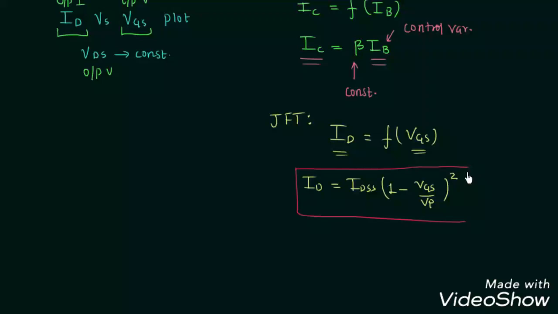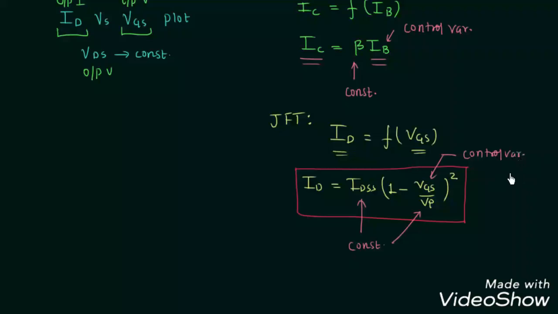And in this equation there are two constant quantities. The first one is IDSS, the maximum current through the JFET. VP, the pinch off voltage, is also a constant quantity.